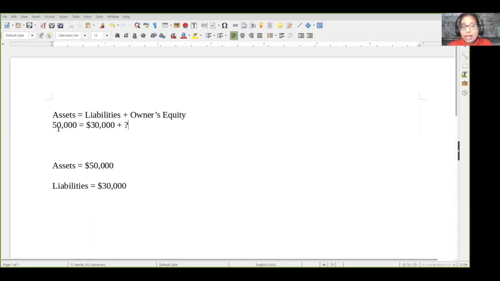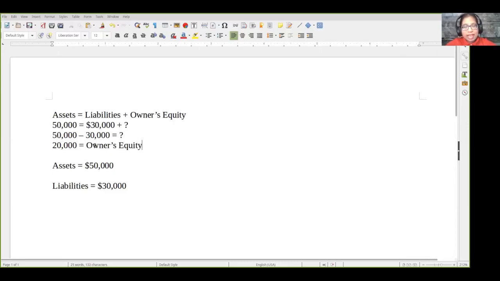Therefore, your owner's equity would be 50,000 minus 30,000 is equal to that owner's equity, right? So your answer for this one would be 20,000 is equal to owner's equity.